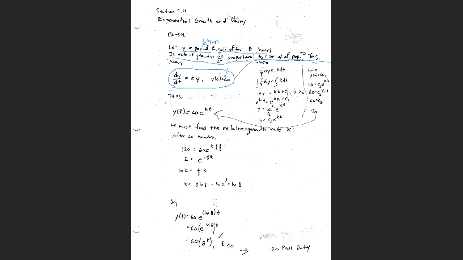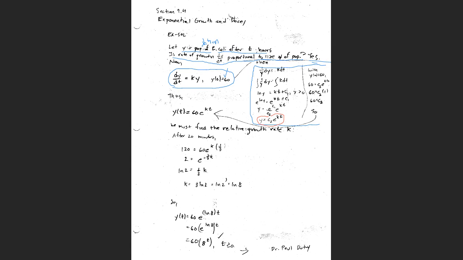Now what I did on the right here is basically what the book did. The book derived the formula. Of course, their formula was y equals a times e to the kt power. Well, I have y equals c times e to the kt power.